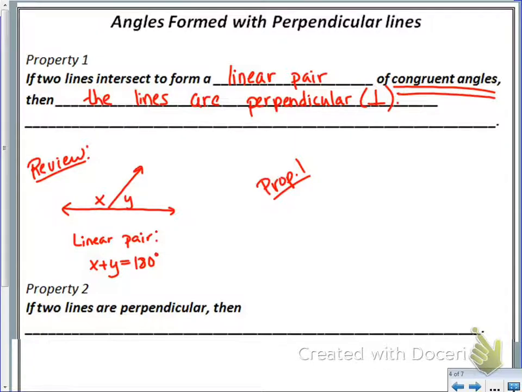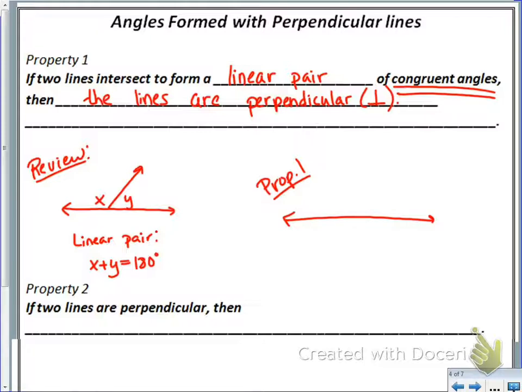So let's think about this. We still need to hold the requirements of a linear pair, so they have to be supplementary and they have to be adjacent. But the only way for those two angles to be supplementary, adjacent, and congruent would be for those two angles to have what angle measure?